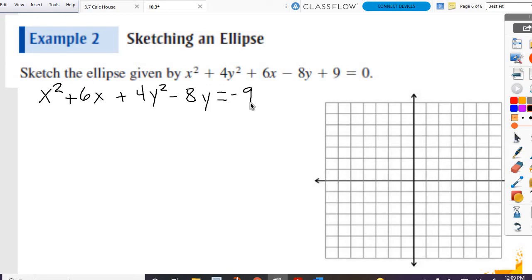Are we all okay with that stuff? So far, so good? Basically, we have two problems here. I need to complete the square for my x's, so I'm going to group those two together. And I also need to complete the square for my y's, so I'm going to group those two together. Now, what is the formula that we use to find the missing part for completing the square? It has to do with your b value.